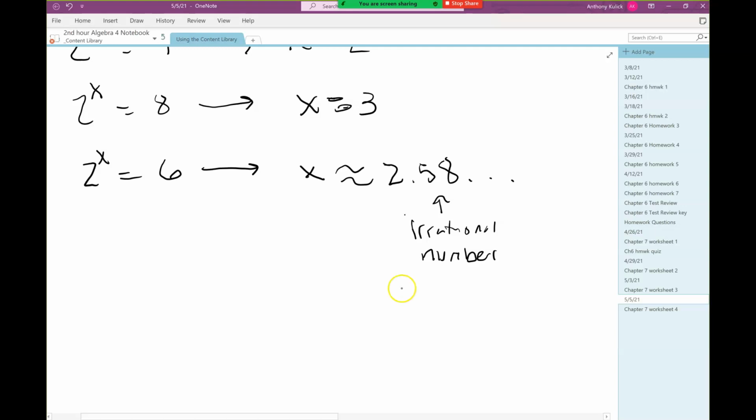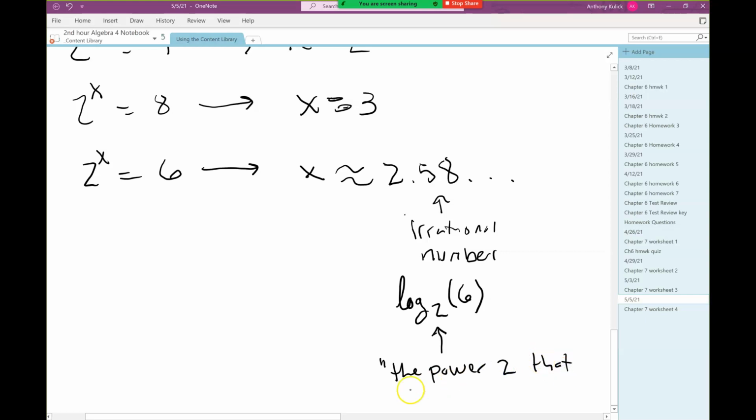We're going to call this number log base 2 of 6. So this is basically describing the power of 2 that equals 6. That's the name we're going to give to that number.